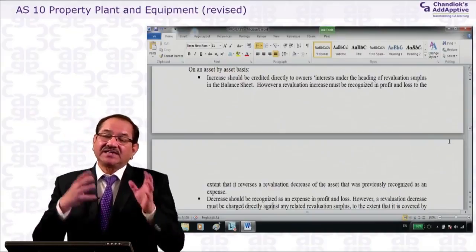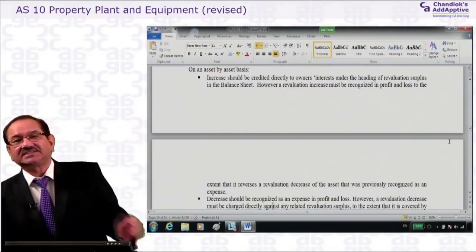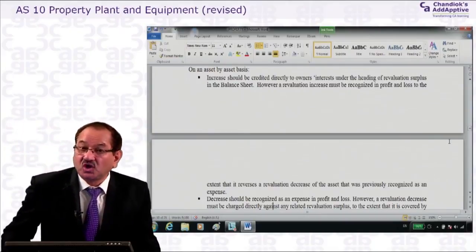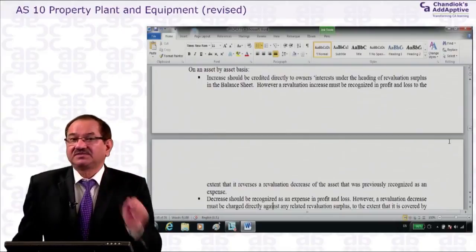Earlier, that guidance note was saying that you can meet this excess depreciation from the revaluation surplus. Now that guidance note has been withdrawn. So you can't do it.